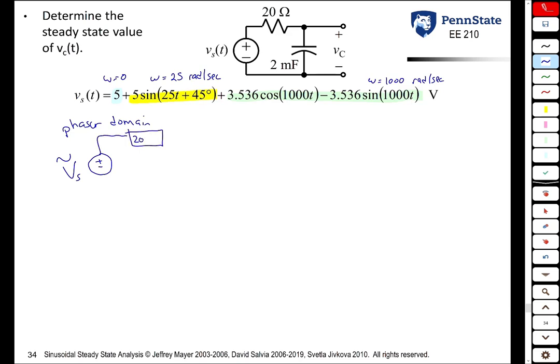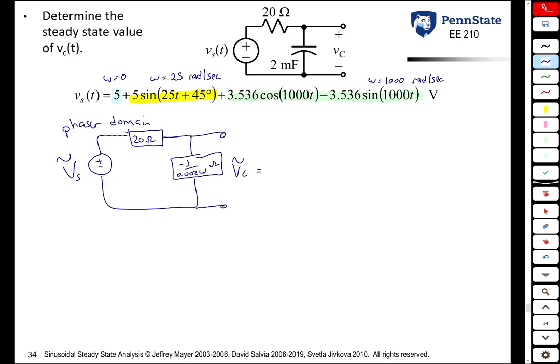The resistance, 20 ohms, is frequency independent. The impedance of the capacitor is minus j over omega c. C is 2 millifarads, so we get minus j over 0.002 omega ohms. And of course, the voltage across that is VC phasor.